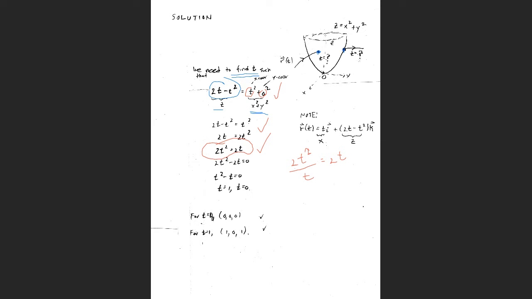They would divide by t, and then they'd say, okay, 2t equals 2, so t equals 1. But is this okay to do? No, you can't divide by the variable, unless the variable is not equal to 0.